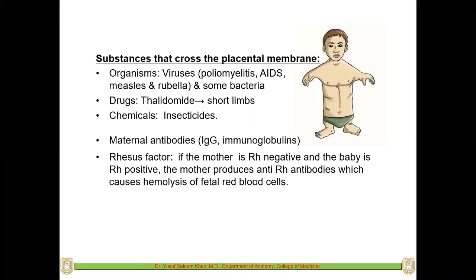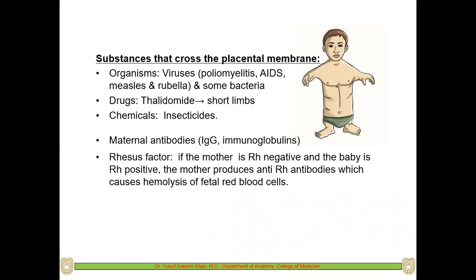In such conditions, the mother produces anti-RH antibodies within her, which cause hemolysis of the fetal red blood cells. Hemolysis means breaking down of the fetal blood cells. That leads to a severe decrease in the volume of the blood, and it leads to very dangerous effects in the child.